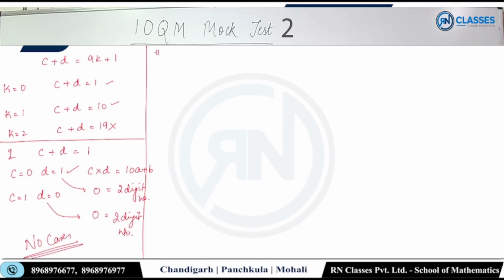पार्ट 2 पे चलते हैं. केस नंबर 2, व्हेन K इज 1. मेरे को पता चल गया C प्लस D इज इक्वल टू 10. मैं C से शुरू करता हूं.